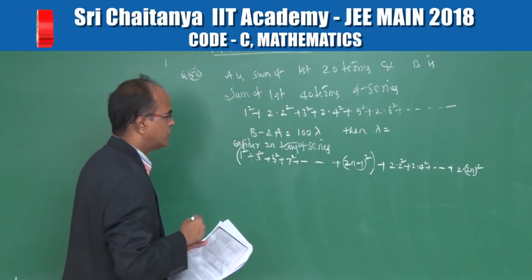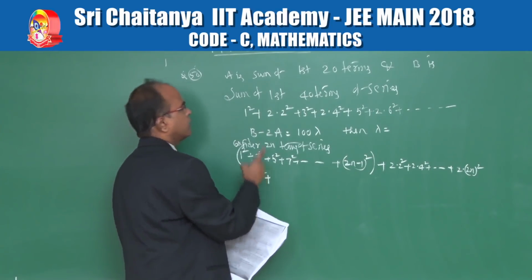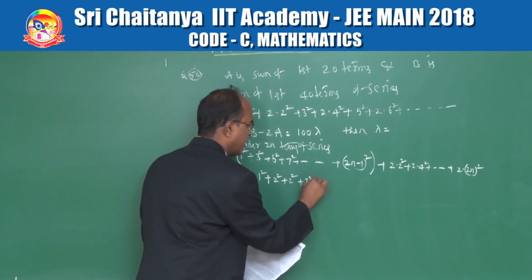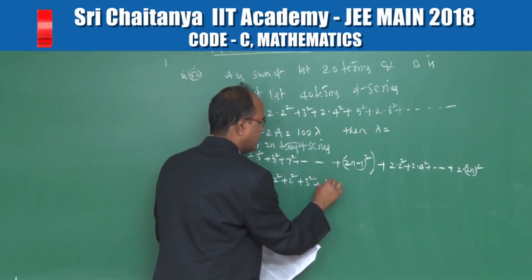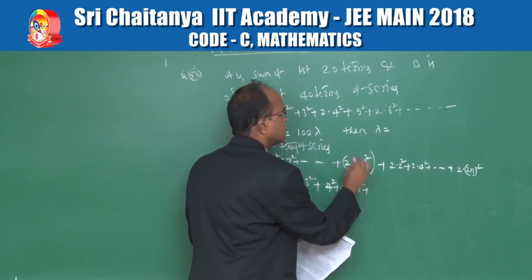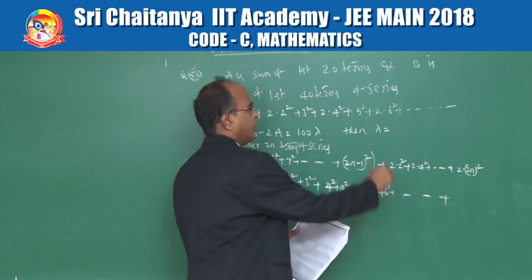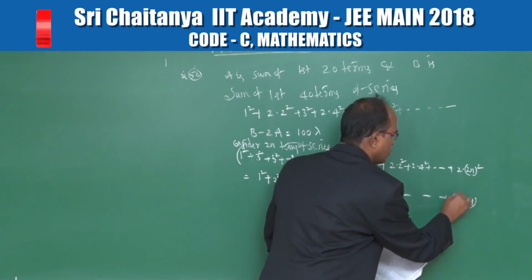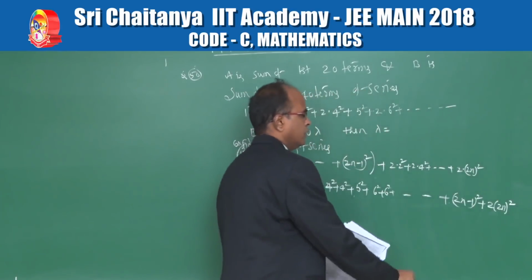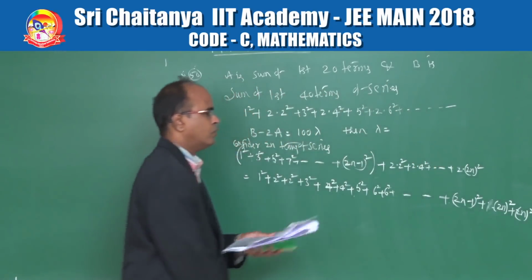This can be simplified by noting that we write 2 into 2 square as 2 square plus 2 square, 3 square as it is, 2 into 4 square as 4 square plus 4 square, 5 square as it is, plus 6 square plus 6 square etc. Then we have the last two terms, (2n minus 1) whole square plus 2 into (2n) whole square, and this 2 into (2n) whole square can also be written as (2n) whole square plus (2n) whole square.